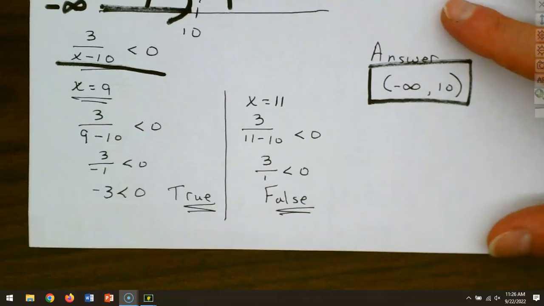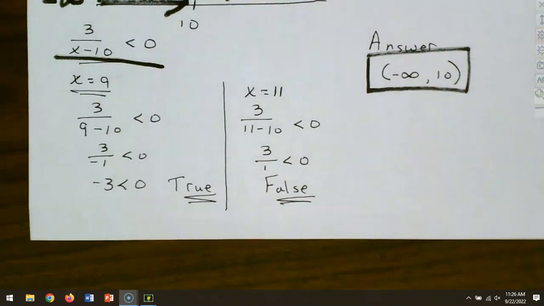Now, that one only had one critical point, only one number to check on each side of it. The next one is going to be like question number 9.